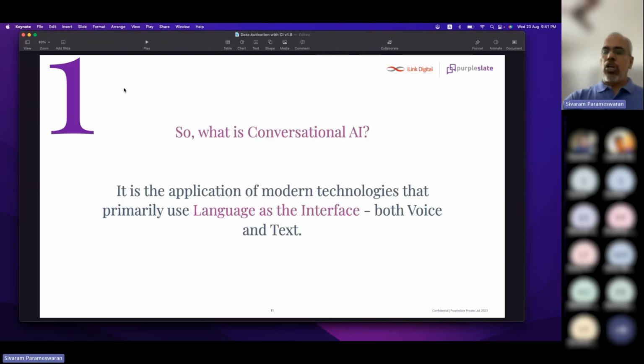So with that context, there are 2 key items in the topic today. It might sound a bit disconnected, but I'll try to put them together by the end of the session. So let's start with what exactly is conversational AI, with a simple definition.